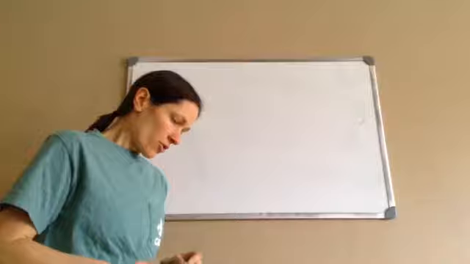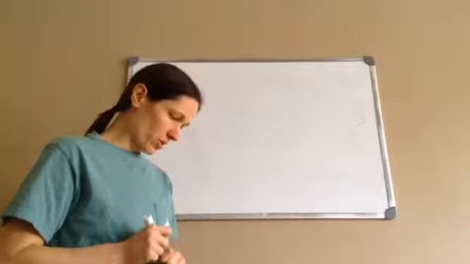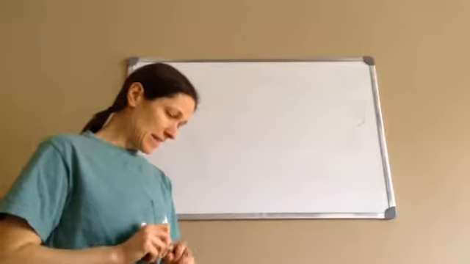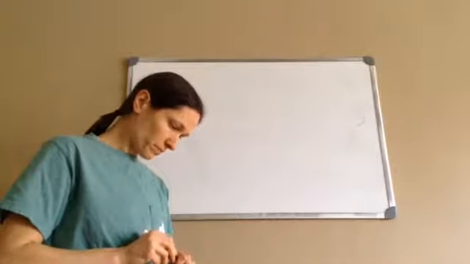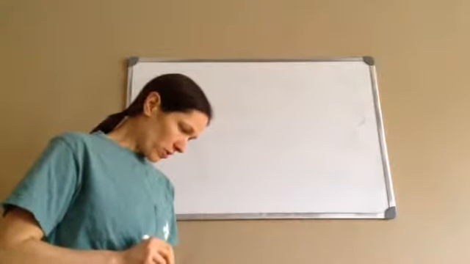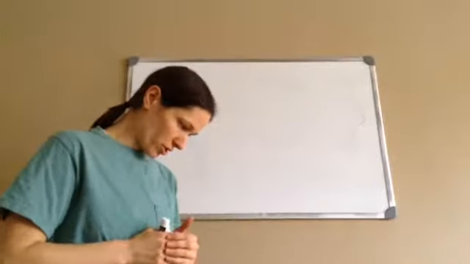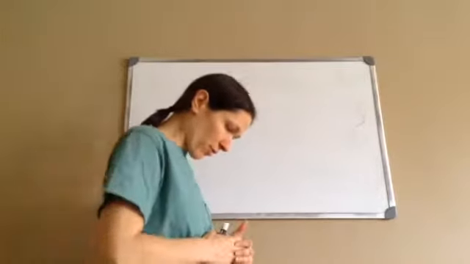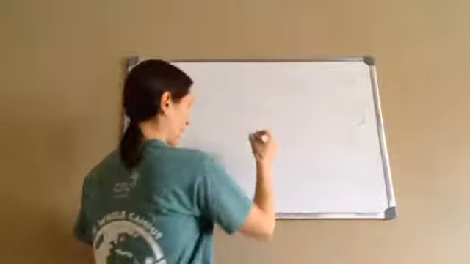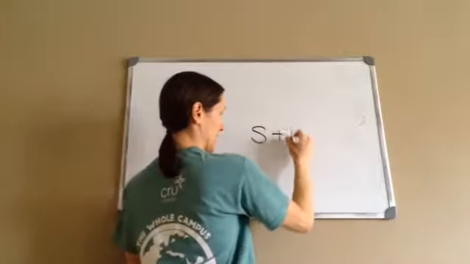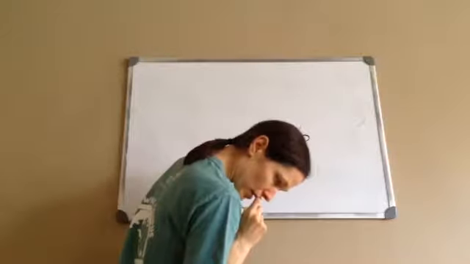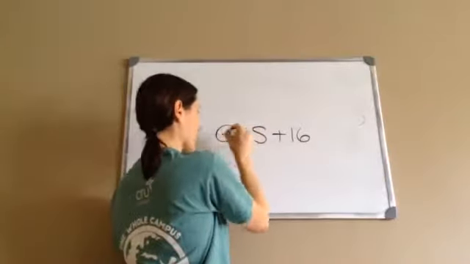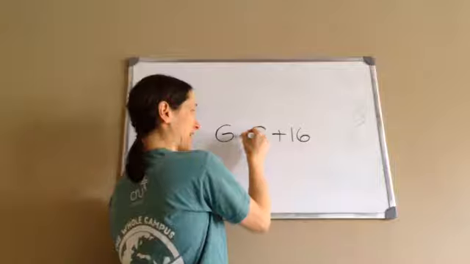The greater of two numbers is 16 greater than the small. So I have a small, and it's 16 greater, 16 more than the small.